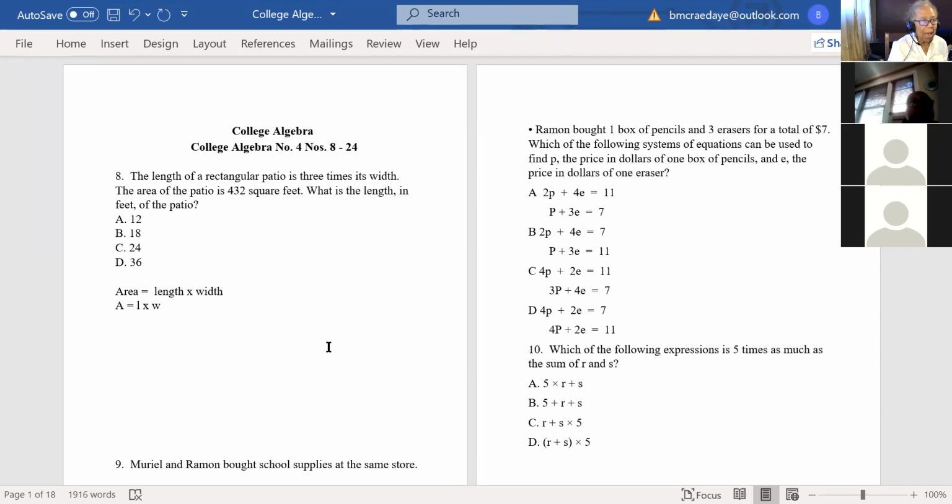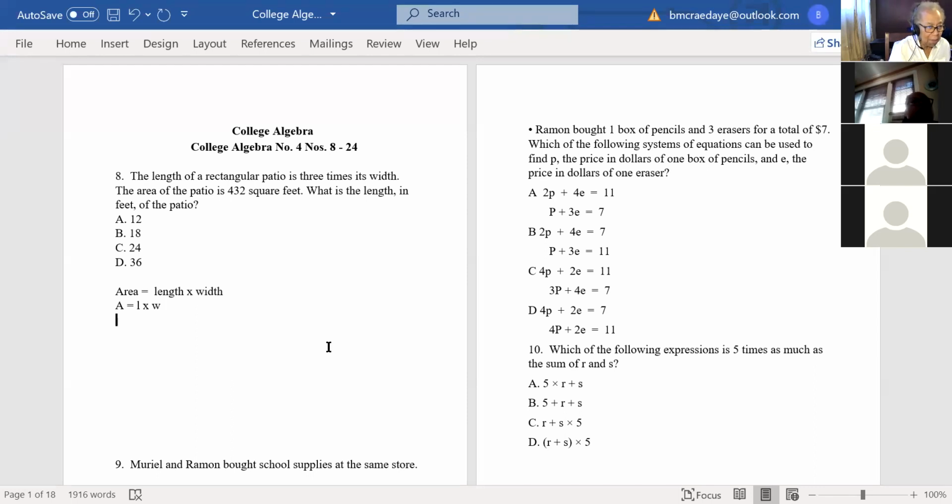Now, Latoya, how do I write length is 3 times the width as an equation? 3x, x plus 3, something like that. 3 times means what operation, Latoya?